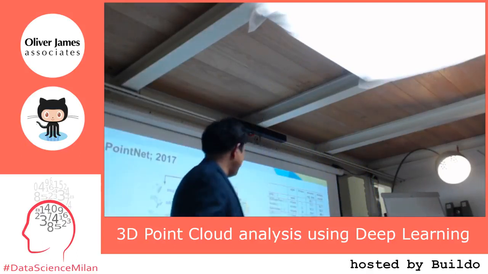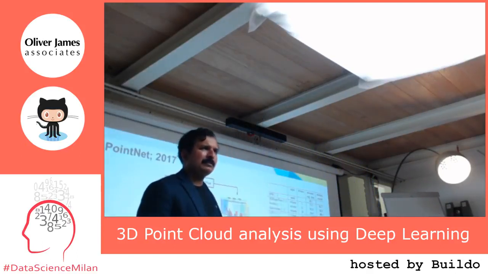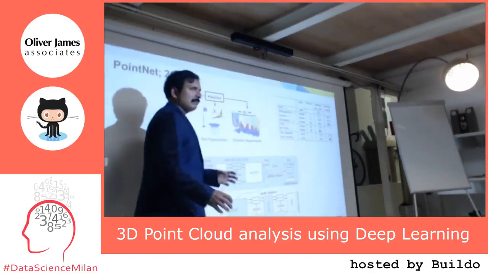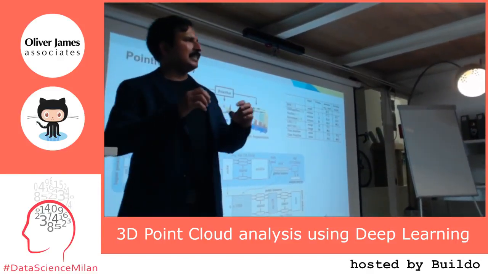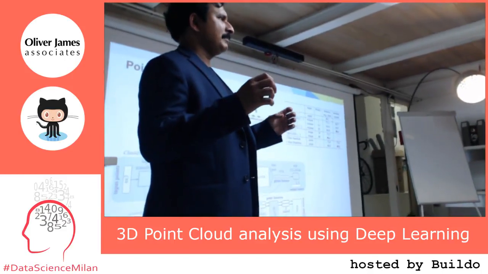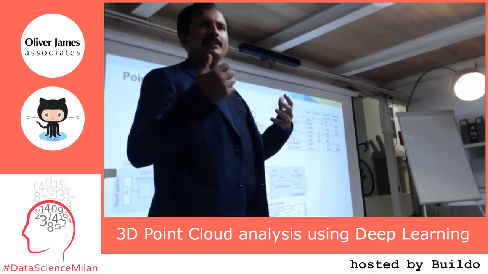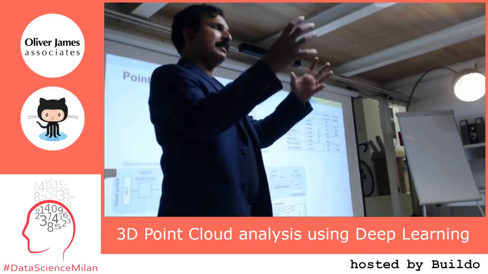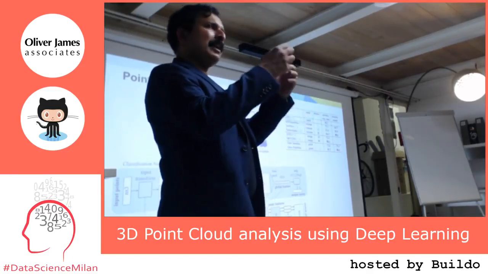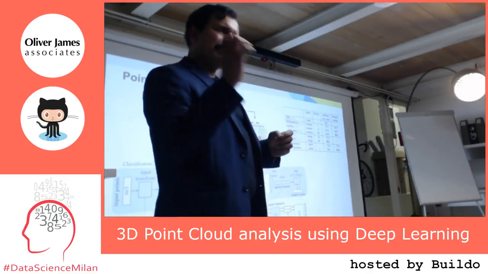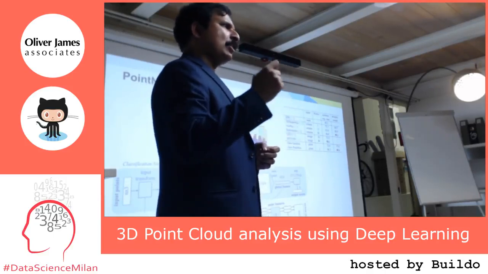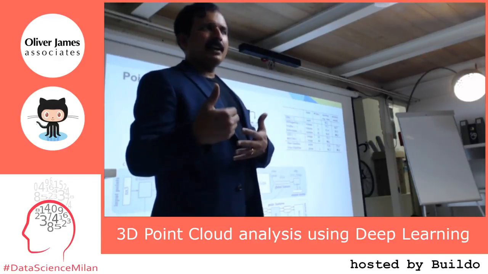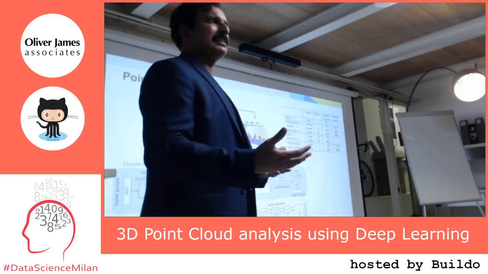So they found the best value is when they apply max pooling on this transformed data, and the max pooling gives a single dimension vector which is a reflection of the global feature of the point cloud. In other words, if you have an image of a chair, now you have a single vector that represents that chair, that object, and then you can have scores of each class based on this single vector.